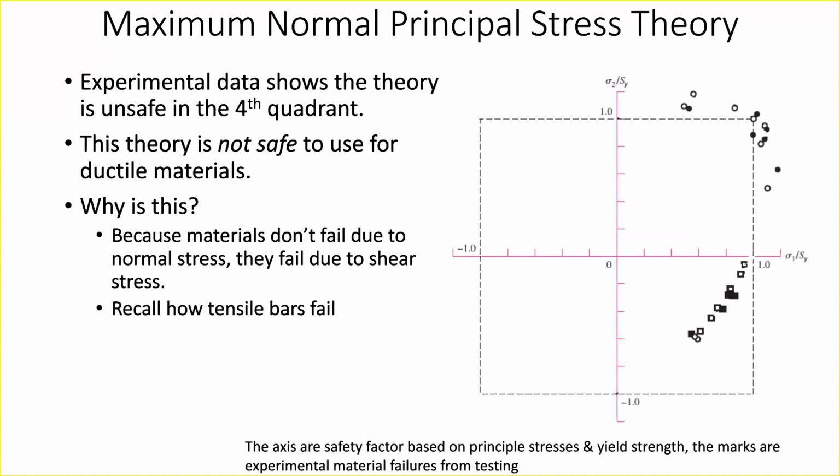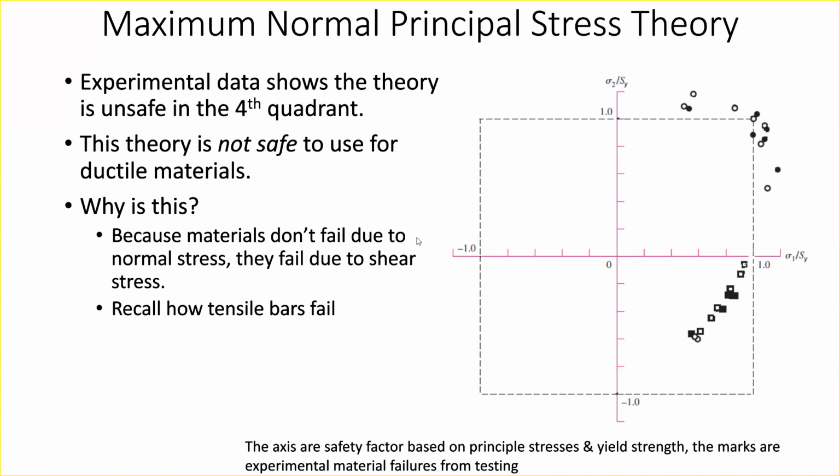A lot of times you'll see these kinds of diagrams plotted for the failure theories. So these are two principal stresses; we're only looking at a 2D element right now. The normal stress theory is basically setting bounds, this rectangular bound on these axes, right? So if your parts pass that axis, the failure theory is saying that these will fail.